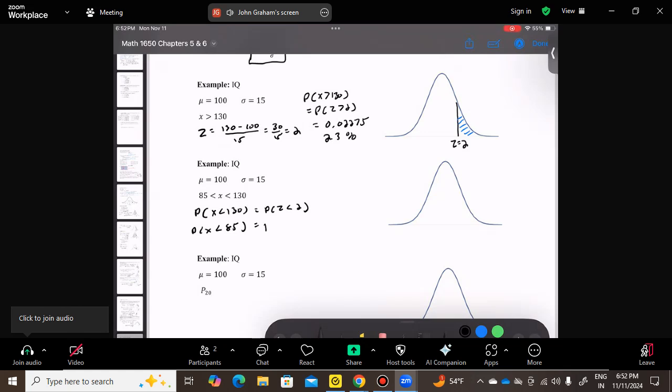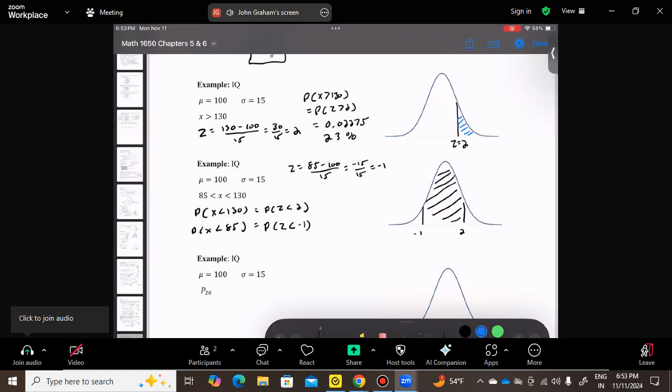And the probability of z less than, now we have to figure out what the 85 is. The z-score is 85 minus the mean over the standard deviation, negative 15 over 15, which is negative 1. So z-score less than negative 1. It's negative 1 to 2. We are looking for this probability.